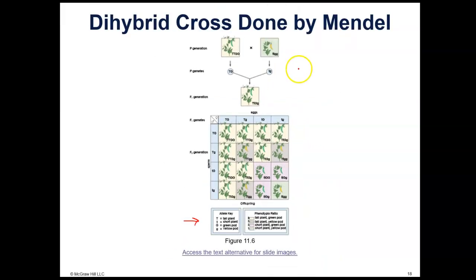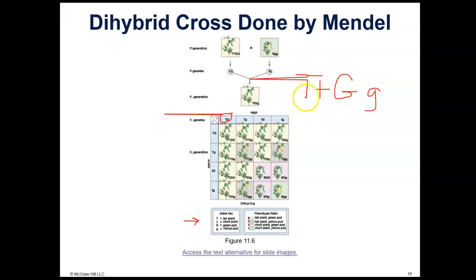So if we have two parents and both of them are big T, little t, big G, little g, then the combinations they can give in their egg or their sperm are going to be one of the T's and one of the G's. So we can get big T, big G, and that's this.